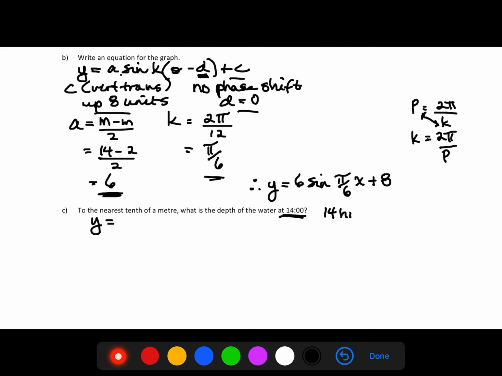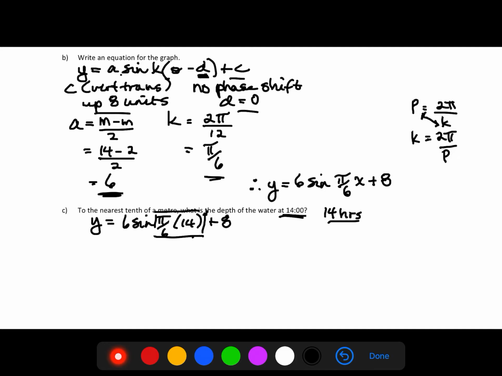Now, we also want to be able to use our equation to figure out the depth at any time. Well, if we're talking about the depth of the water at 1400 hours, so from midnight, 14 hours have passed. And again, that's our x value, so we're going to sub in 14 for x.